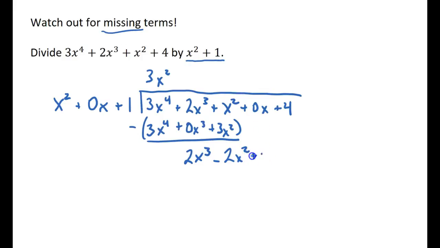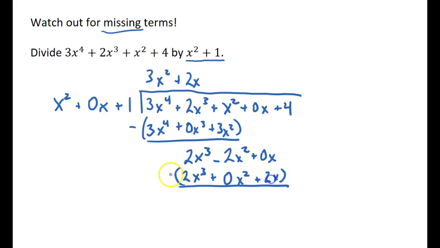Bring down my 0x. Multiply x squared by 2x, and that's 2x cubed plus 0x squared plus 2x. Subtract, that's negative 2x squared minus 2x.